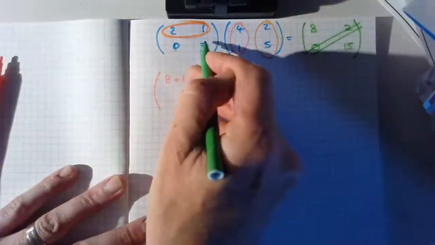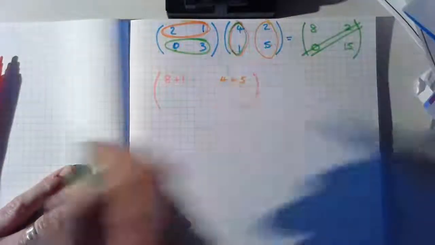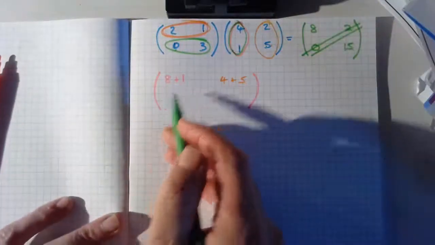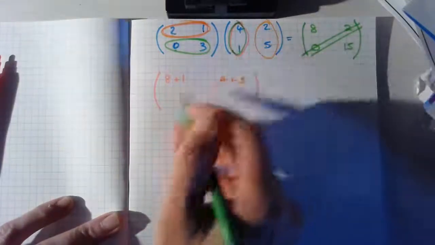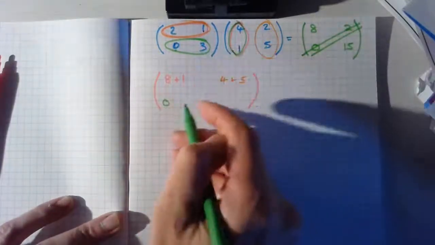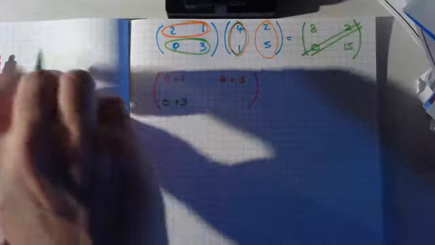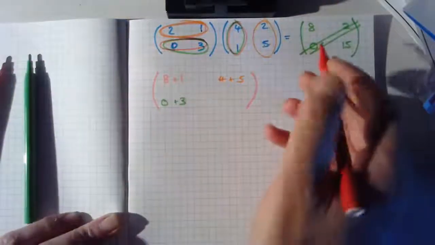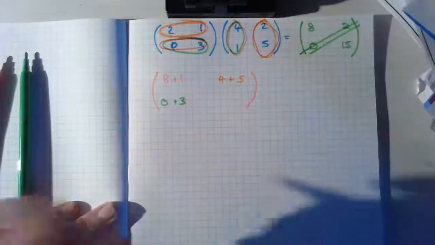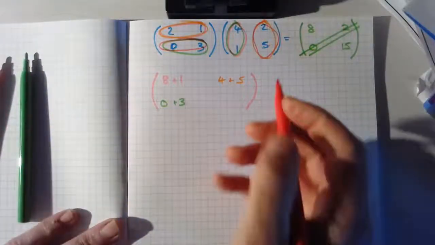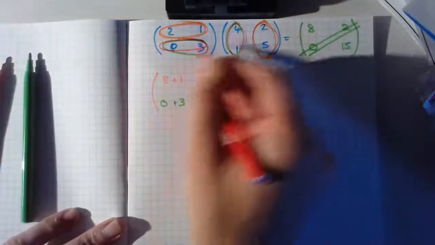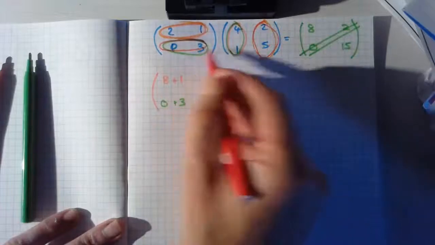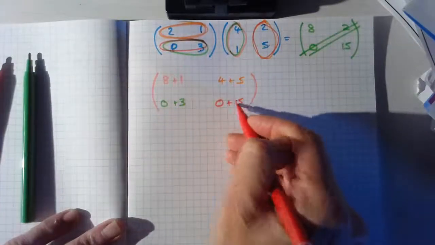And then we're going to do the bottom row by this column first to give us the bottom left-hand number. 0 times 4 is 0, 3 times 1 is 3. And then finally, bottom row against the second column will give us the bottom right hand number. 0 times 2 is 0, 3 times 5 is 15.